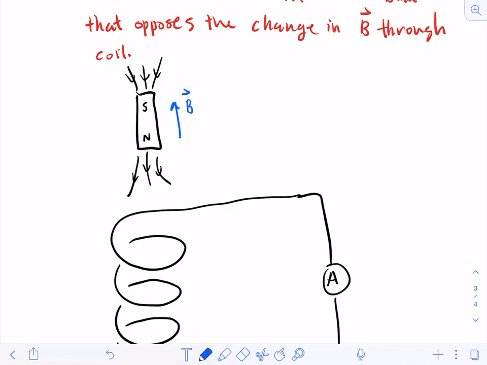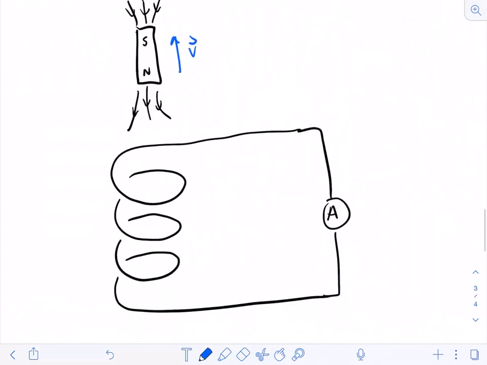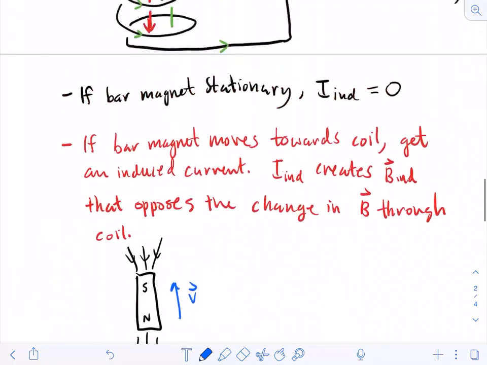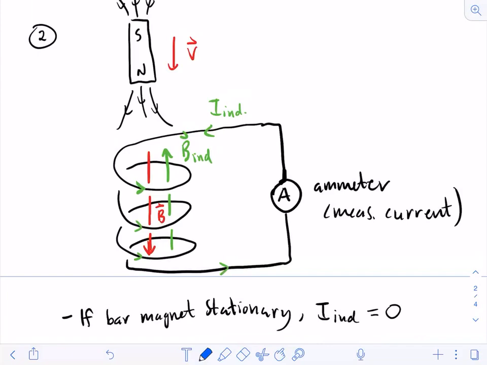And so this is a velocity. If we imagine that initially our bar magnet was close to our coil, then we would have a magnetic field in the down direction, but it's going to be decreasing as we pull the magnet away. If we go back to the previous problem, the magnetic field in the coil is also down, but as we move the magnet closer to the coil, the strength of that field is increasing.